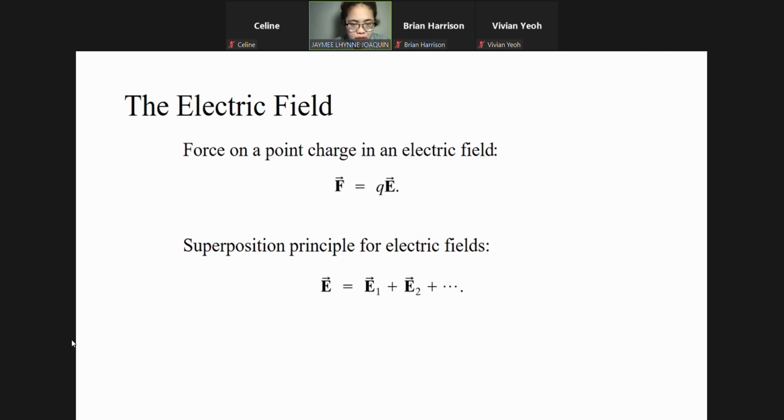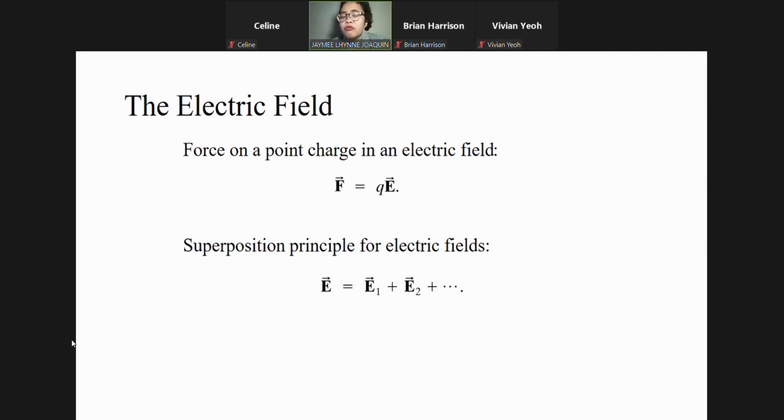It's easy because it's just a simple equation, but in cases such as superposition principle for electric fields, you had the same way of getting it. Why? Because in superposition principle, we have said a while ago that it contains multiple point charges.